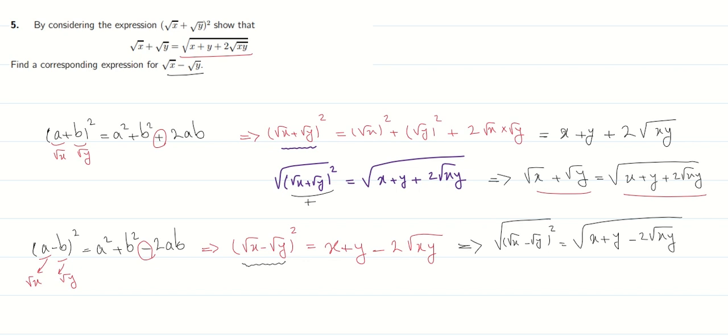And since this value in here could be a positive number, it could be a negative number as well, we should take the absolute value. We write it as the absolute value of the square root of x minus the square root of y would be equal to x plus y minus 2 square root of xy.